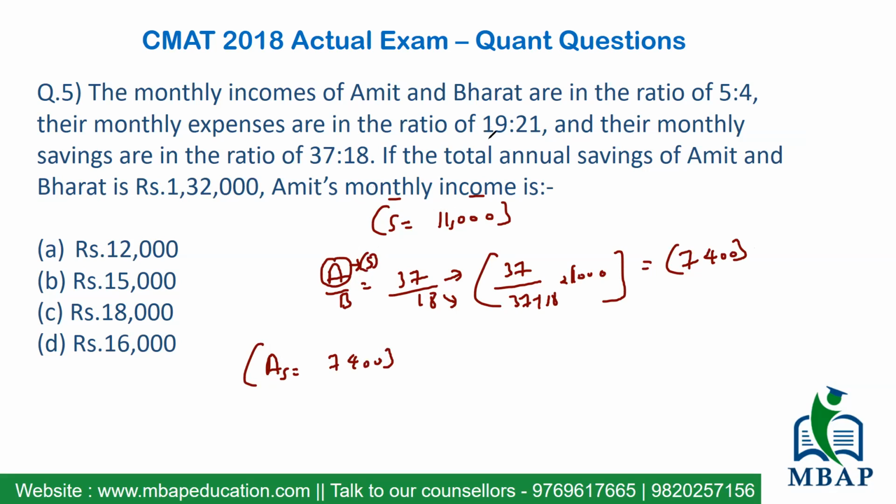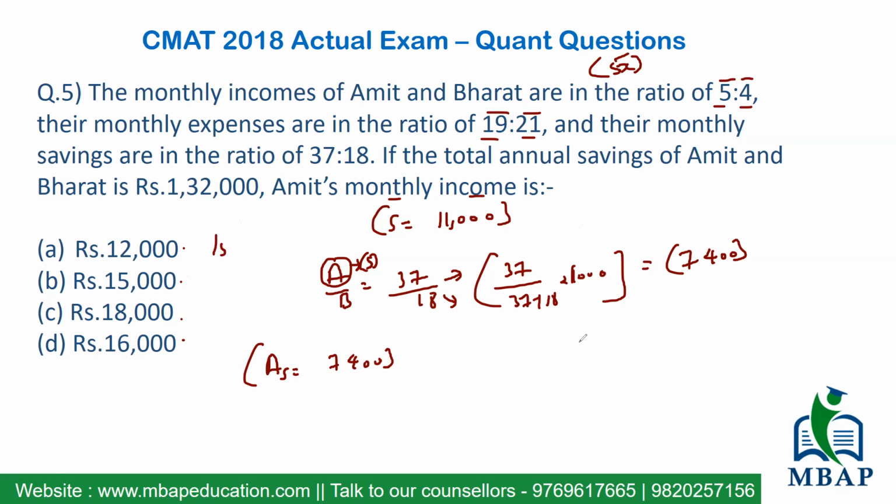The monthly expenses of A to B are in the ratio of 19:21, right? The expenses are in the ratio of 19:21, and the income is in the ratio of 5:4, which means Amit's income should be a value divisible by 5. If I look at the question, all the 4 options are basically divisible by 5.